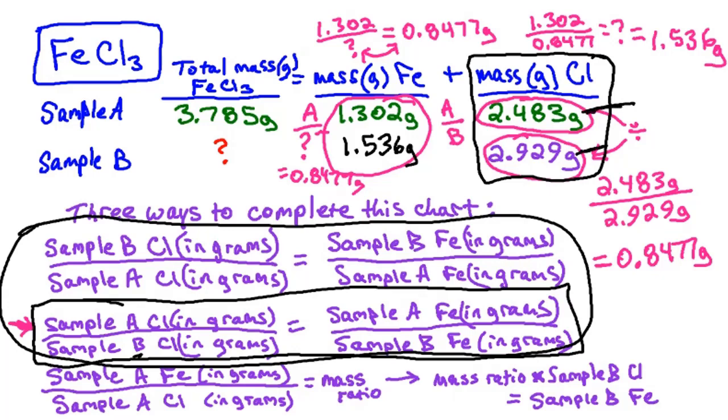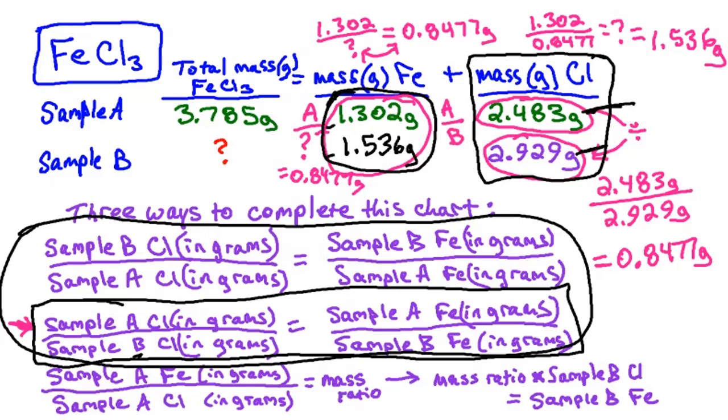It doesn't matter. Just whatever you get as an answer, you're going to divide the iron column in the same way. So when you're doing chlorine, if you divide sample A by sample B, make sure that you're dividing sample A's iron by sample B's iron.